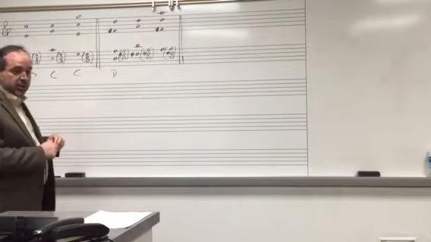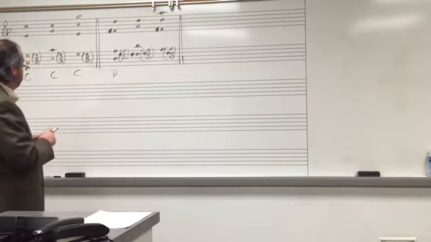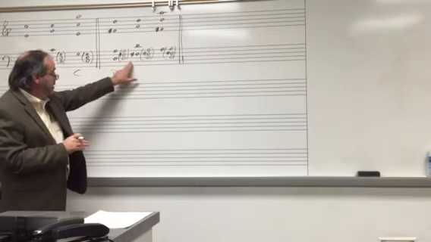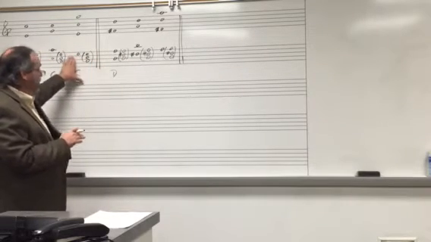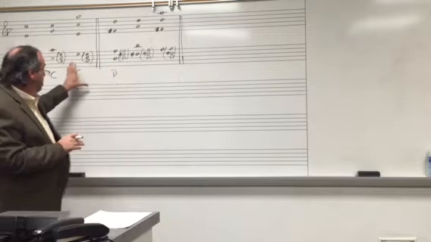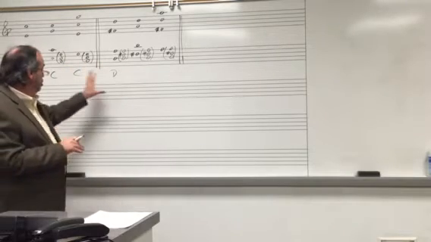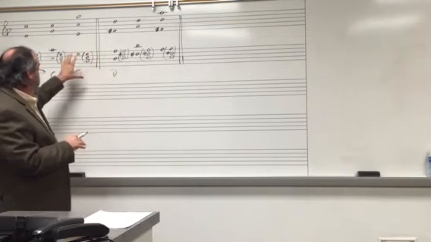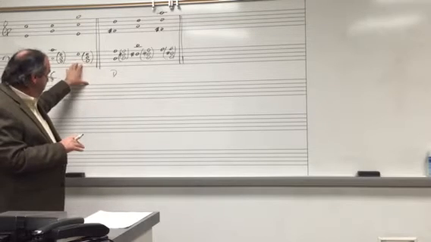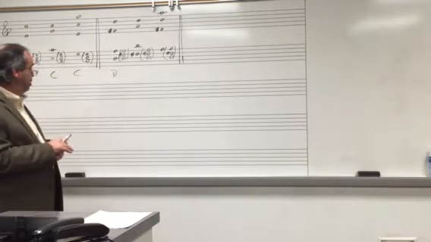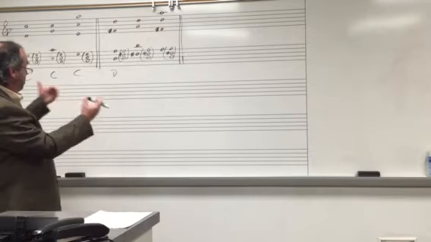The problem comes in atonal theory, and by the way, you would recognize this as related to this by transposition. So you would say, well, this is basically the same material as this, transposed up two semitones, and you would see the correlation.